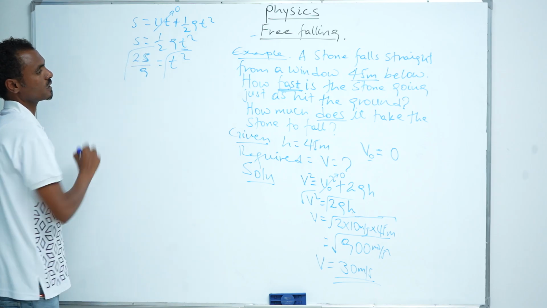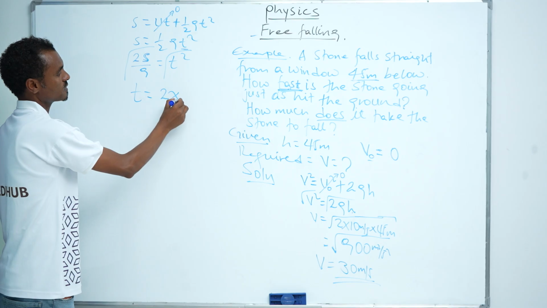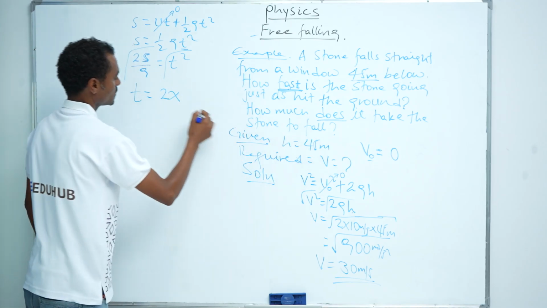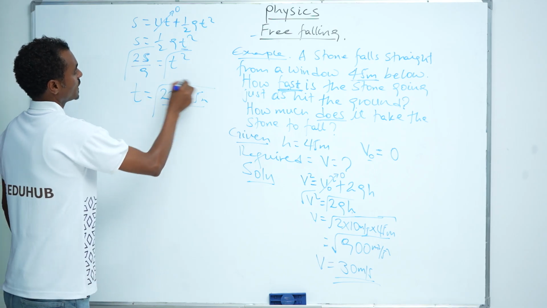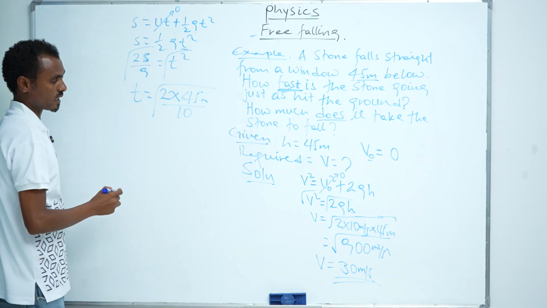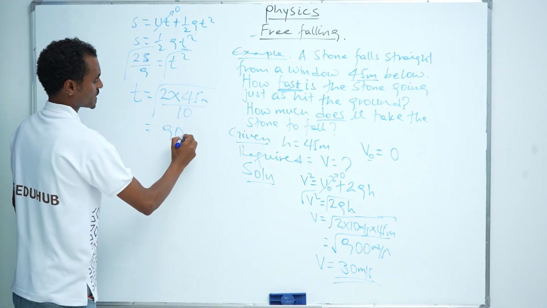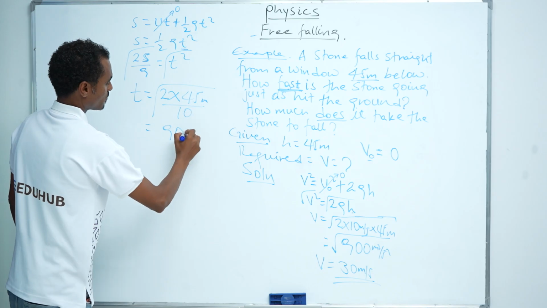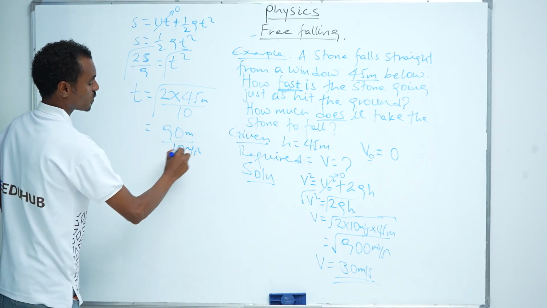Inserting under a radical, t is equal to the square root of 2 times s, which is already known, that is 45, divided by g, which is known, that is 10, so that is 90 meter divided by 10 meter per second square.